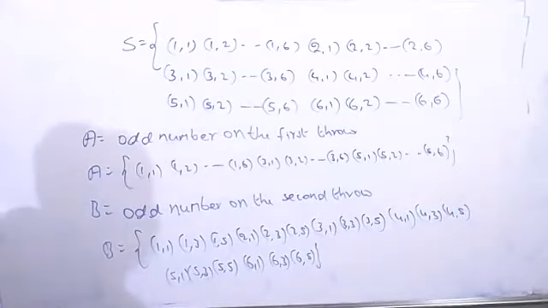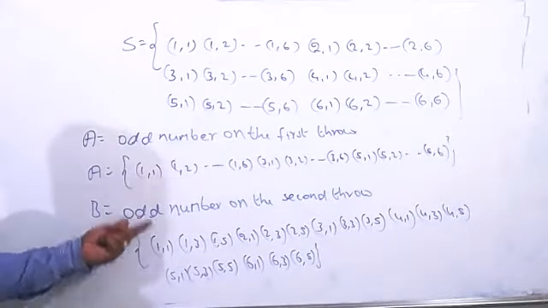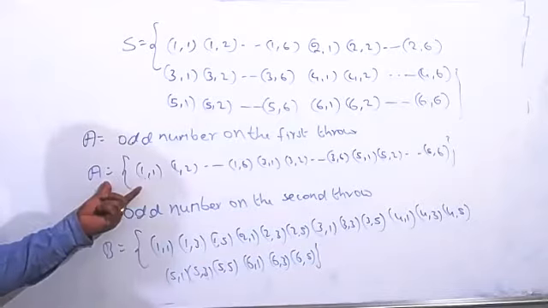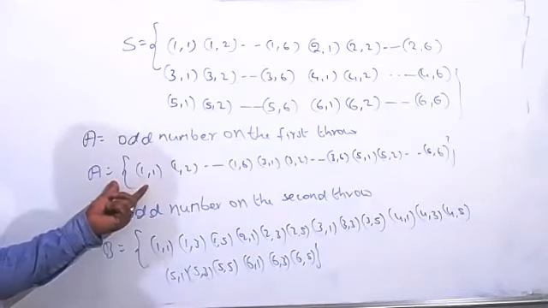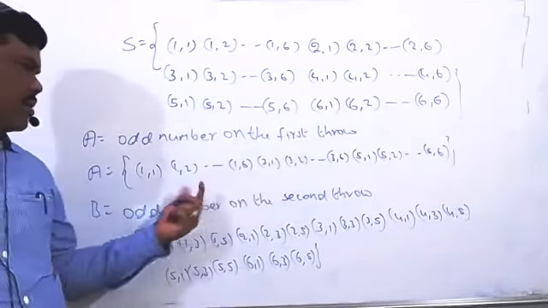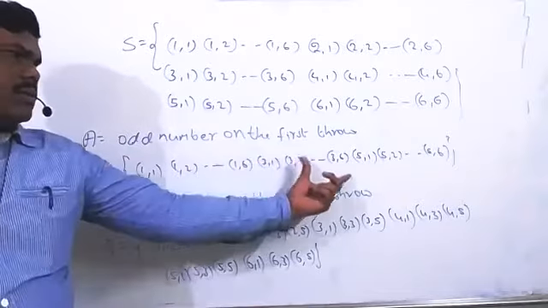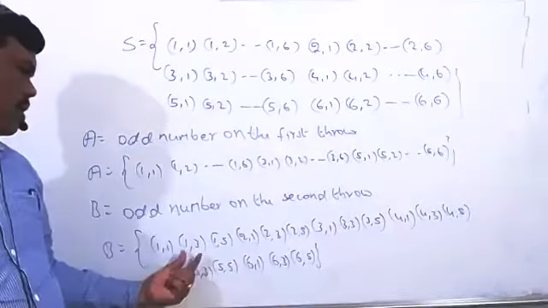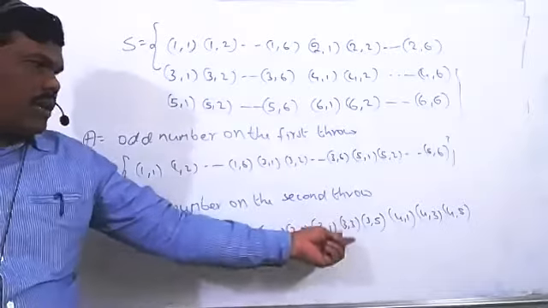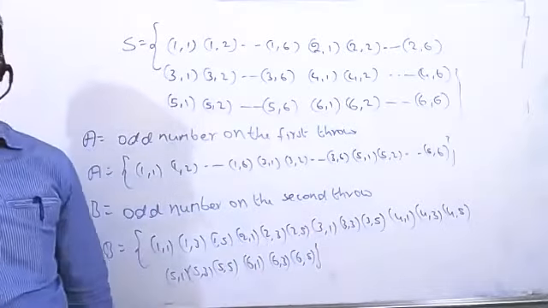Coming to the total number of outcomes in event A and event B, how many outcomes are there? 18 outcomes. Here 6, here 6, there 6, 18. Here also the same: 3, 6, 9, 12, 15 and 18.